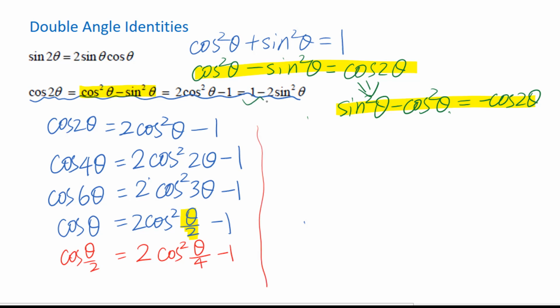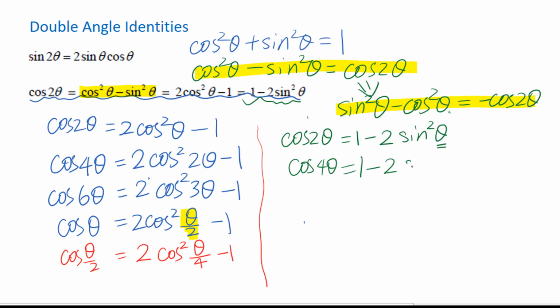For this formula, we have cosine 2 theta equals 1 minus 2 sine square theta. We call these double angle identities, which means for cosine 4 theta equals 1 minus 2 sine square 2 theta.